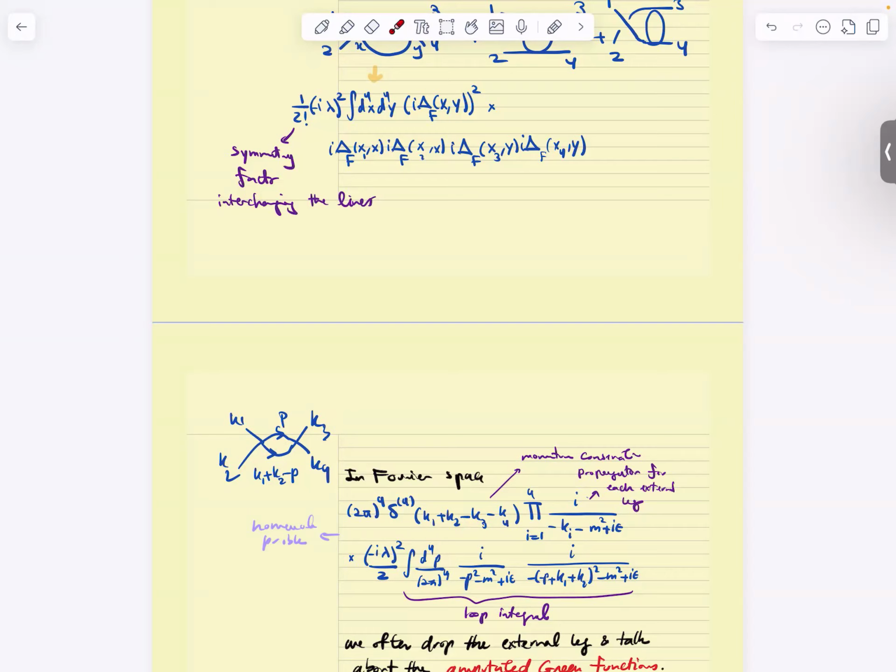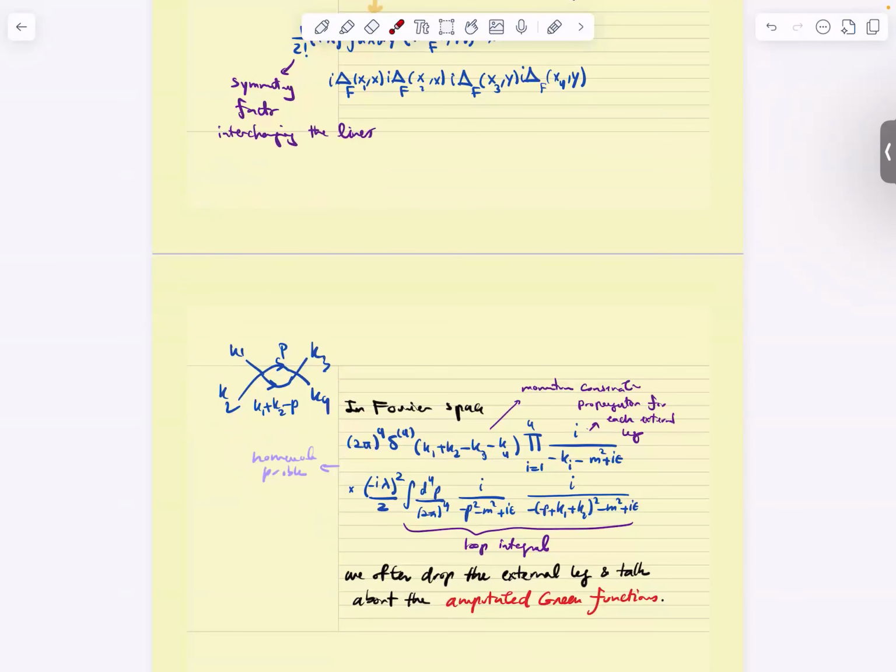Right? You get a propagator in momentum space for each of these guys. This is always there in any Feynman diagram. So we usually just drop this piece and talk about what is called the amputated diagram. Amputated diagram means that the legs outside, we just don't write them down. Right? We're talking about the amputated ones.